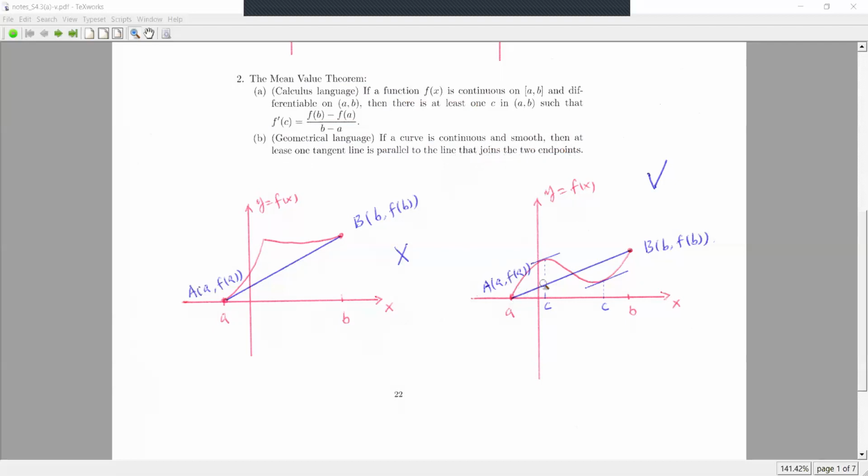The line that joins the two endpoints, this line. So at least one c where the tangent line is parallel to the broad line. This is a review about what we learned in the last class.